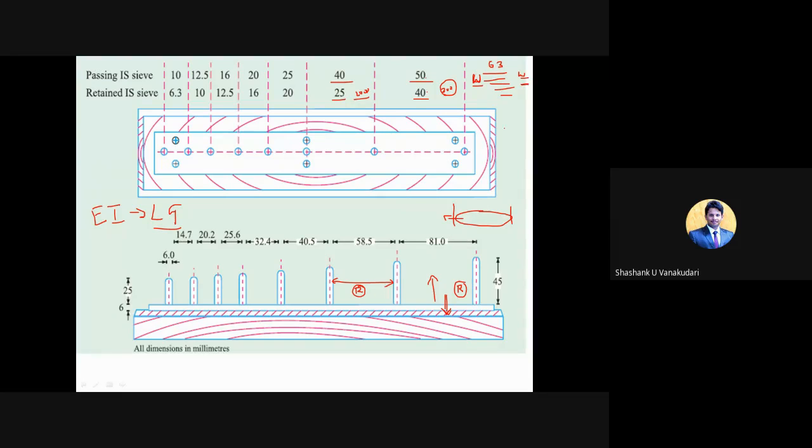Like that you go on noting down with all the respective sieve sizes as you have arranged, and at the end the formula will be the same, that is summation of small w divided by summation of capital W multiplied by 100.